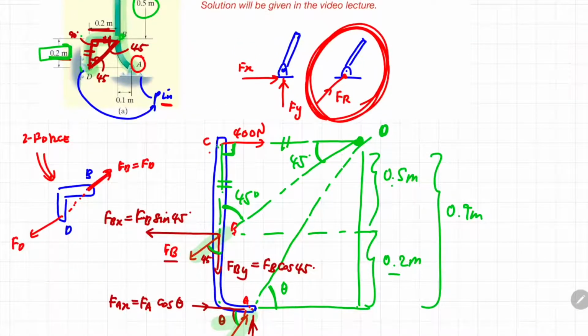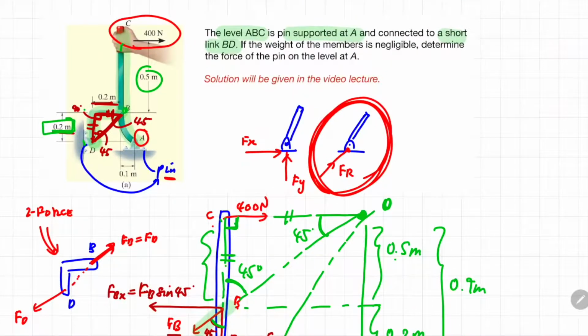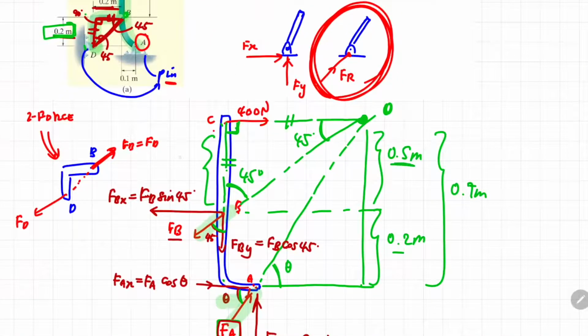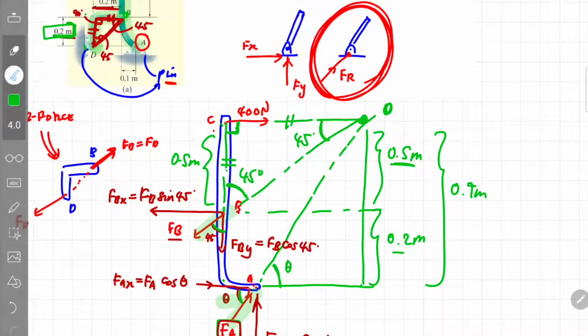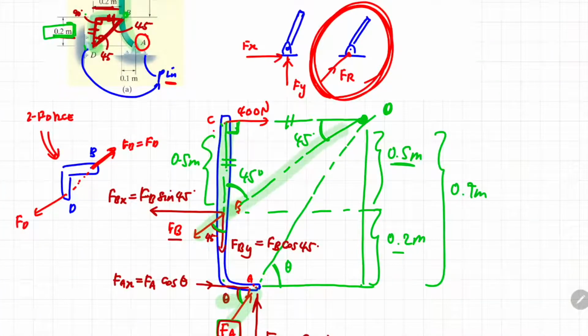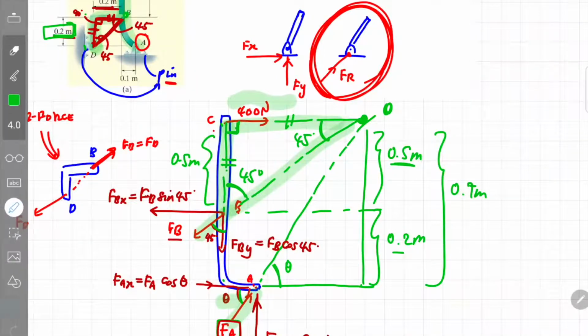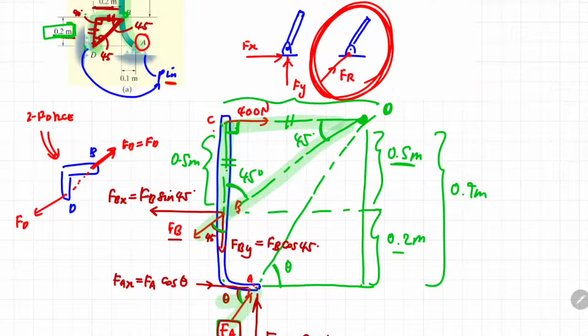Do we know the distance from C to B? C to B, yes, we do know the distance from C to B, which is 0.5 meter. So, because of this little cute triangle kaki sama ni, kita boleh tahu that the distance from C to D is also 0.5 meter.